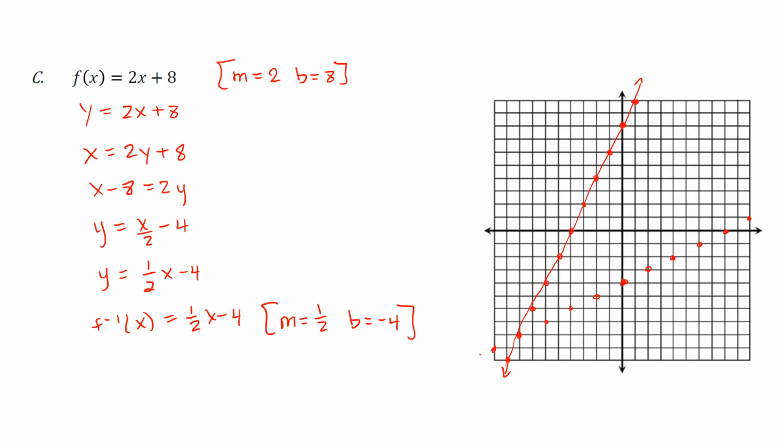And then once we have no more graph, we'll connect our dots. And we now have the points of our inverse function. So I'll label, this is f of x, and this is the inverse of f of x. Awesome. And that concludes section 2.7.